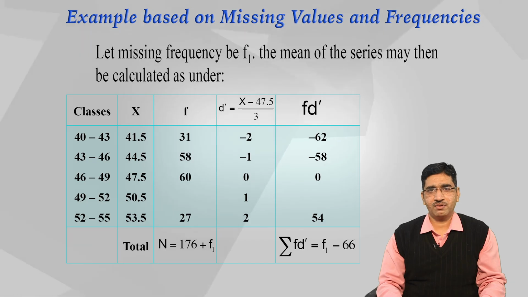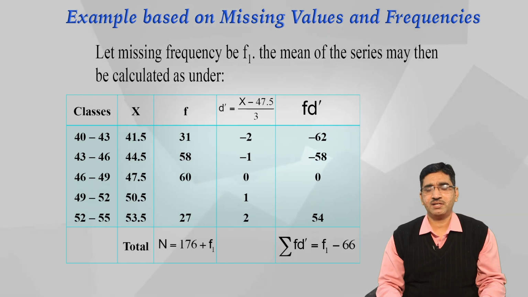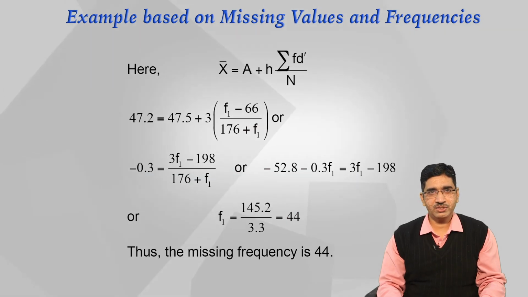The sum of the multiplication of frequencies with the corresponding deviations comes f1 minus 66. Now, we put these values, summation of fd', h, that is the class interval, a, that is the assumed mean, and capital N, the total of all the frequencies, in the formula, and x bar is also given. After some simple algebraic manipulation, we get the missing frequency f1, that is 44 in this case.